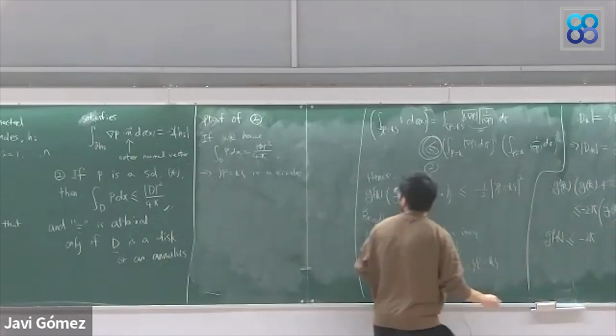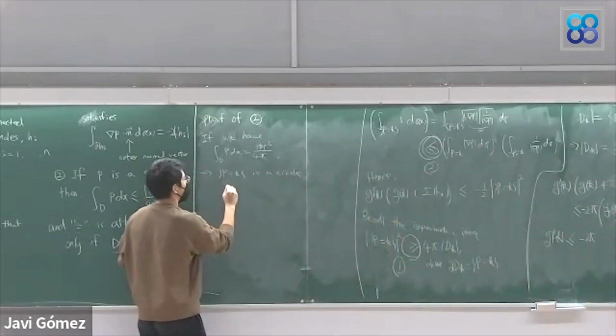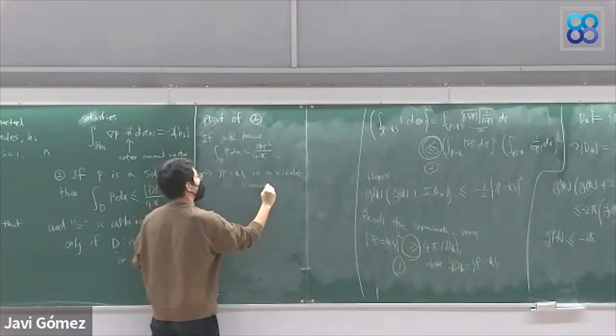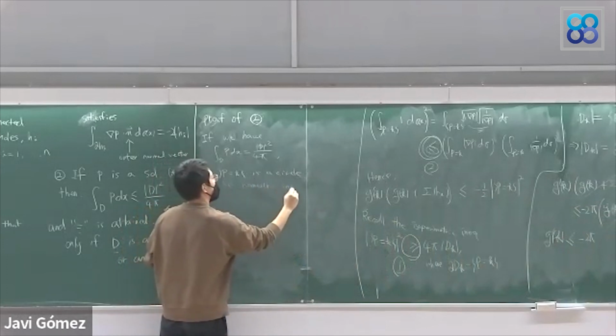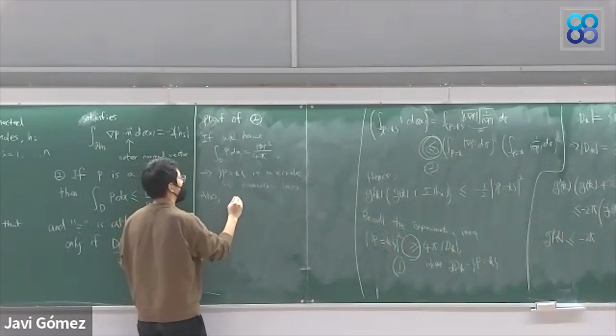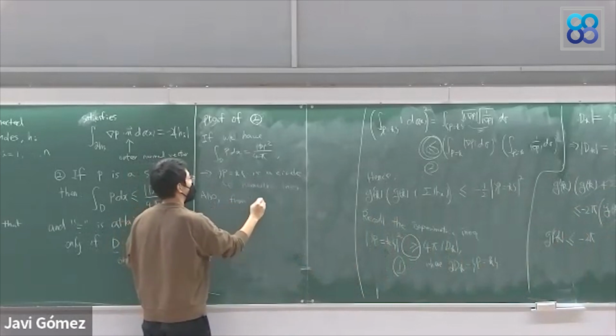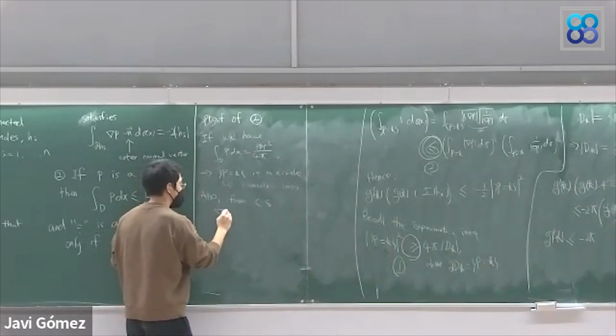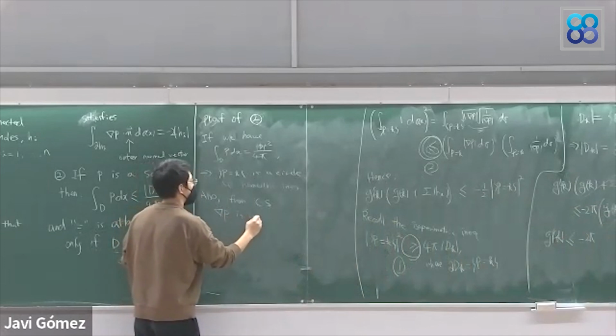So this is coming from the isoperimetric inequality, and also we have that the gradient of p is constant.